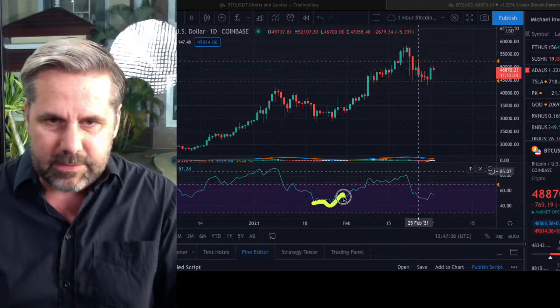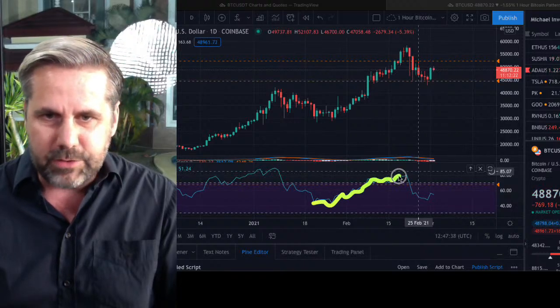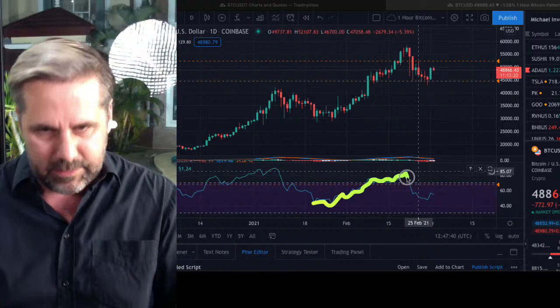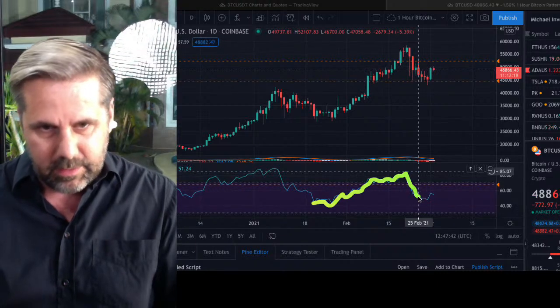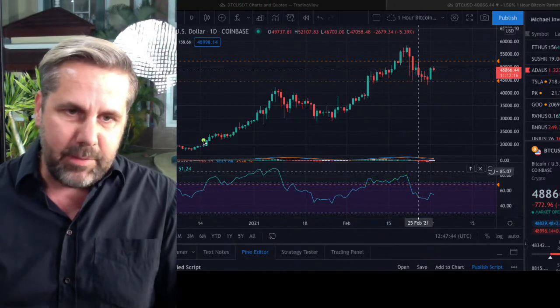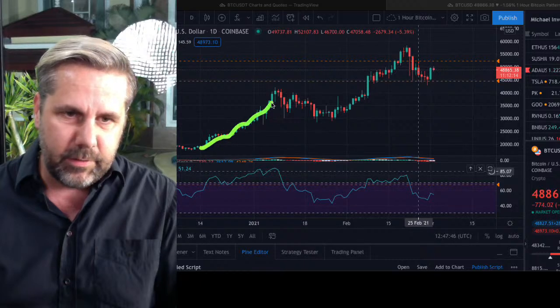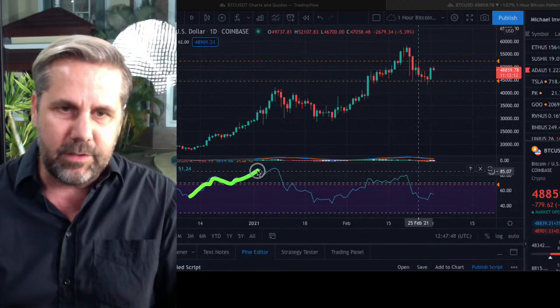It went like this, right? And now it's starting to be overbought. And then there's a correction. Same here, right? It's going up, and then it's starting to be overbought.